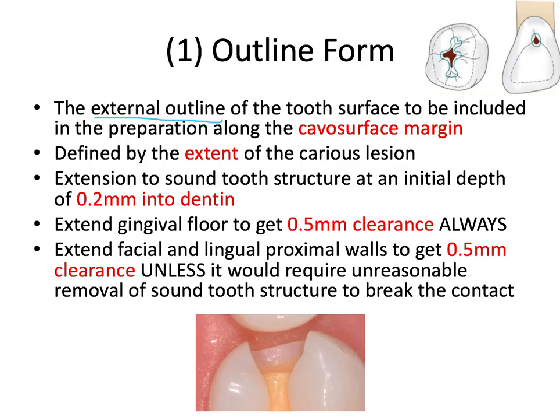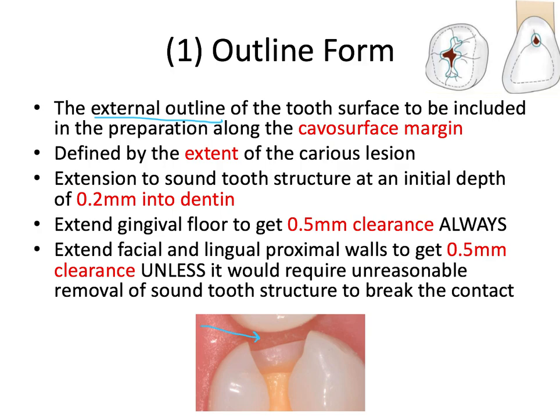Now, by that token, you should extend the gingival floor in Class 2 preps in order to get 0.5 millimeters of clearance. That means space that you can see between this and the adjacent tooth. So this area down here is what we would call gingival clearance between this tooth and the adjacent tooth.